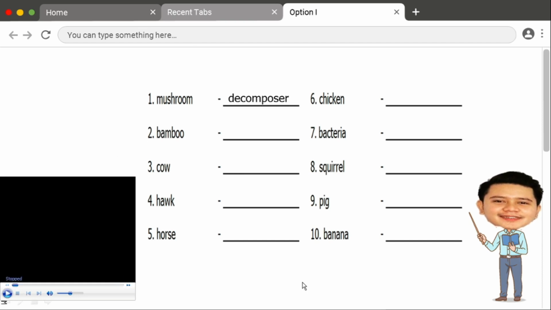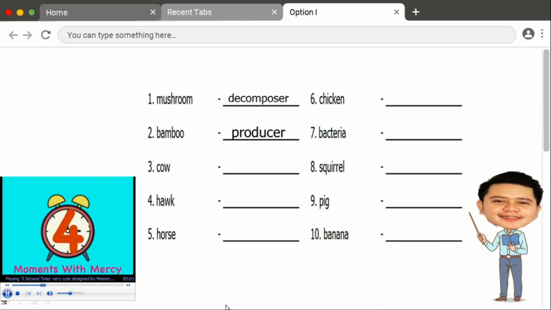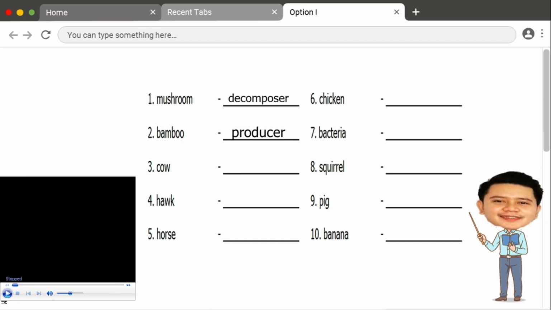Okay, a bamboo is a producer. Next, number 3, cow. So, what kind of animal is it? 5 seconds. Okay, a cow is a herbivore.